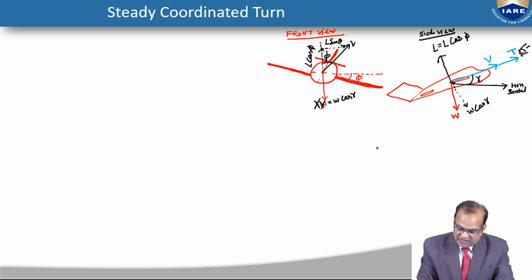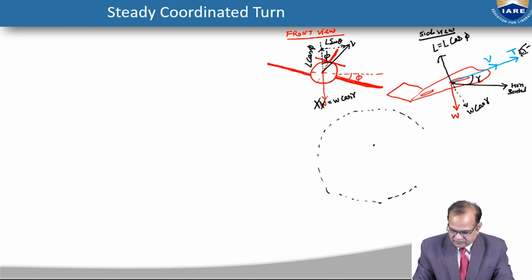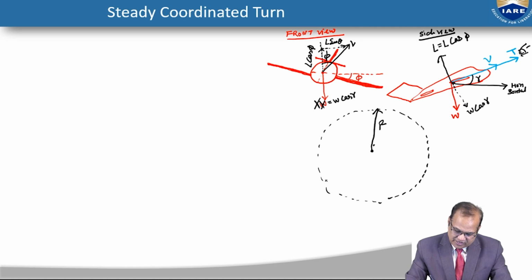Now if I draw the top view, I may not be able to draw a perfect circle, but I will try. So this is the circle and this is the radius R, and if your aircraft is flying somewhere here, I will just draw the aircraft.